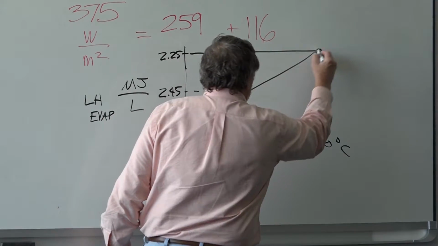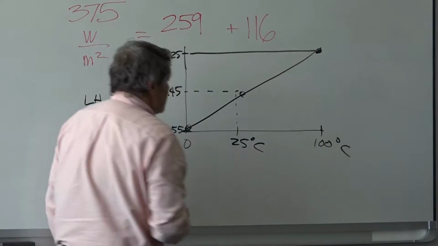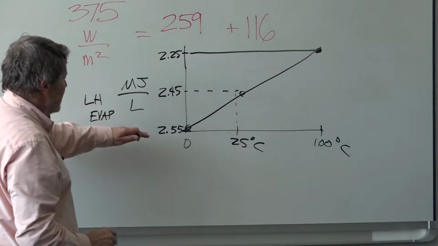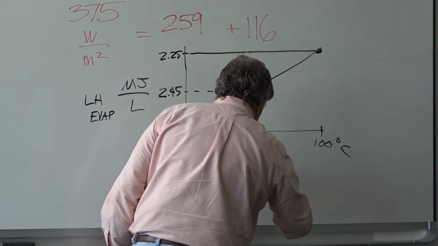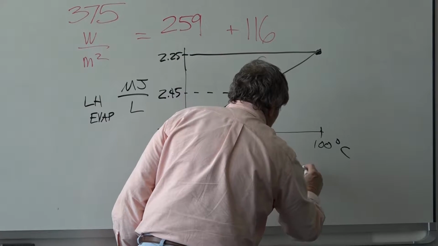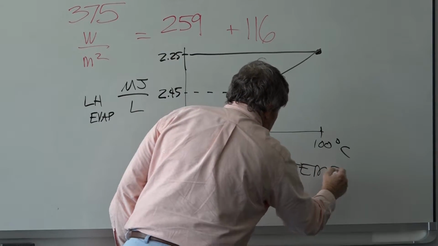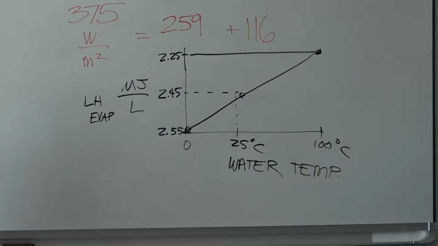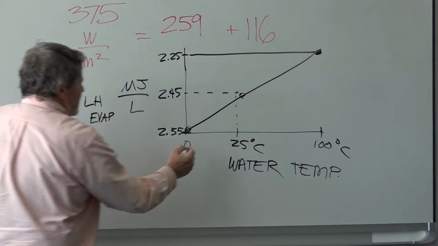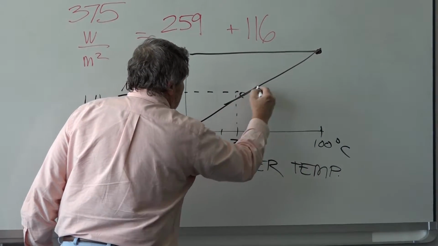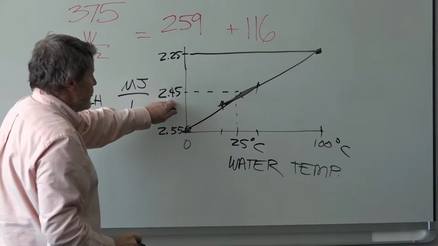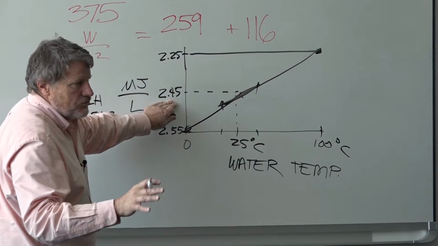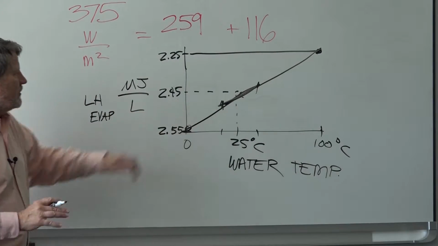So if we connected our dots, this would be our graph of the effect of water temperature on this coefficient, latent heat. And because our measurements are all right in here somewhere, for sure they're all 2.4 something, 2.46, 2.43.